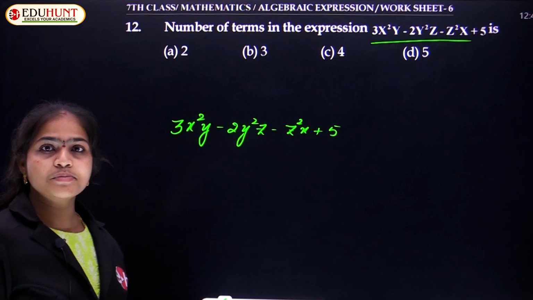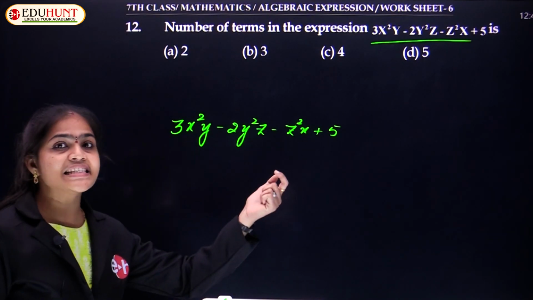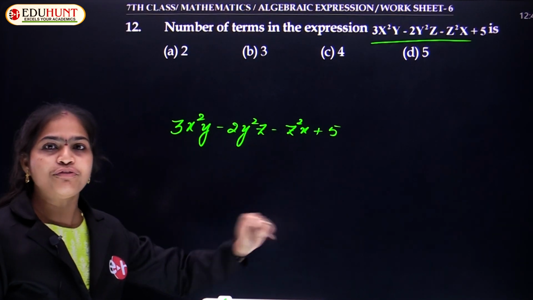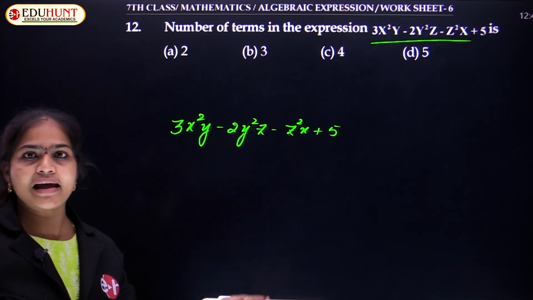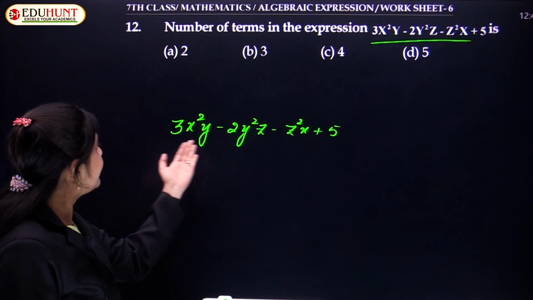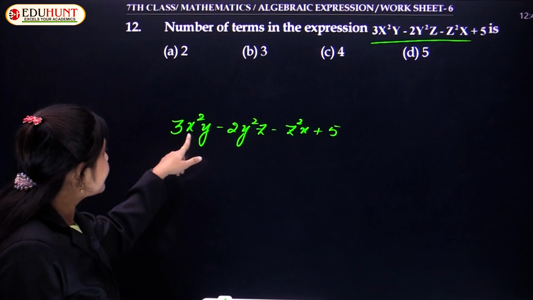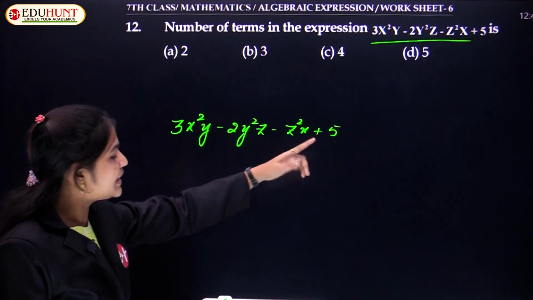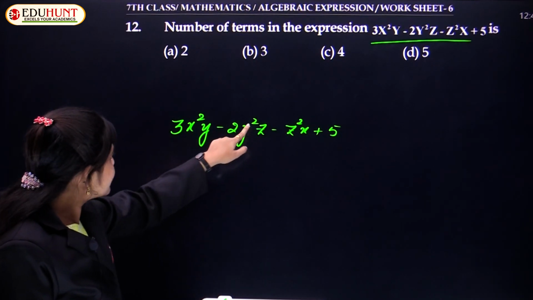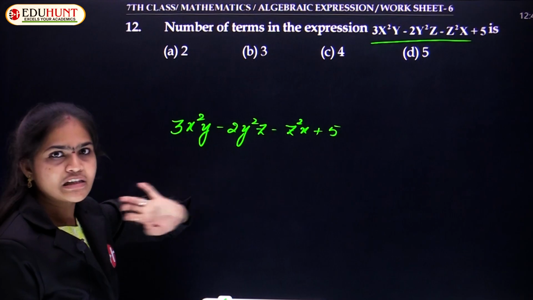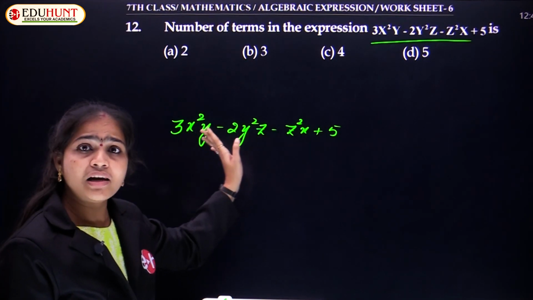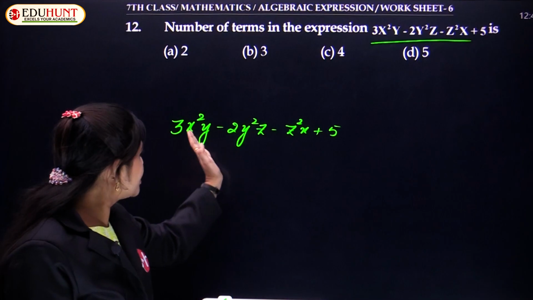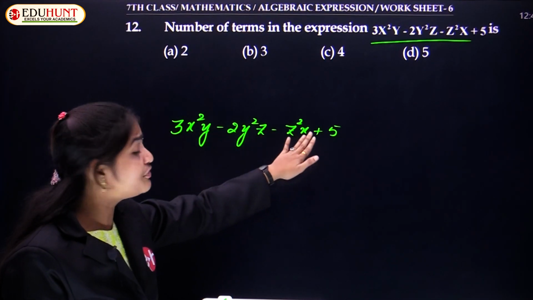Like terms are terms with the same variables and the same powers of the variables. Here, the x square y term is not repeated, the y square z term is also not repeated, and the z square x term also not. So all are unique, which means they all have different variables.